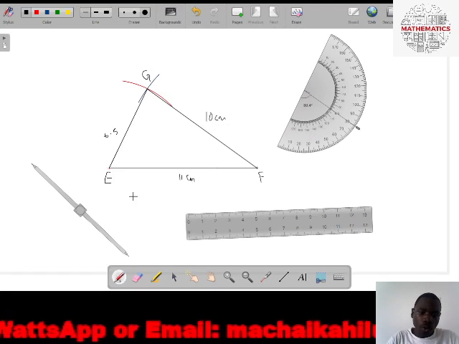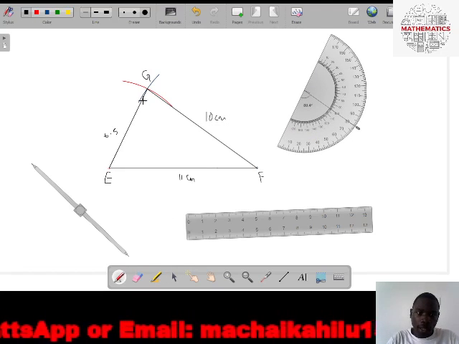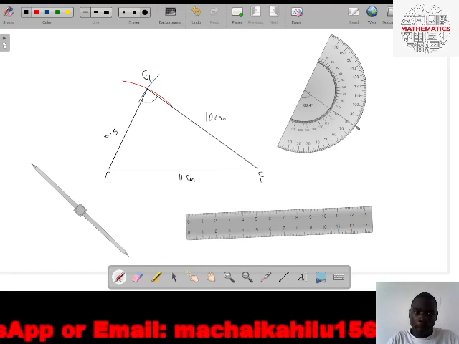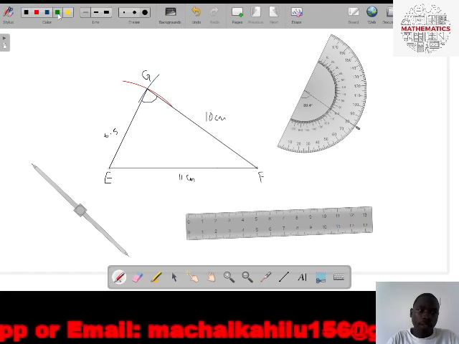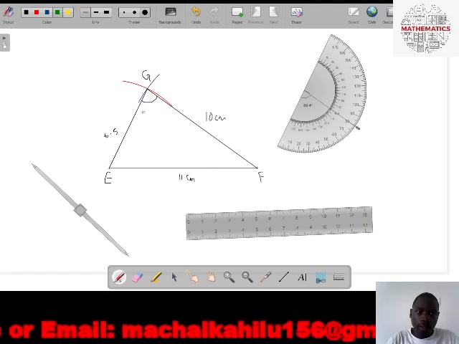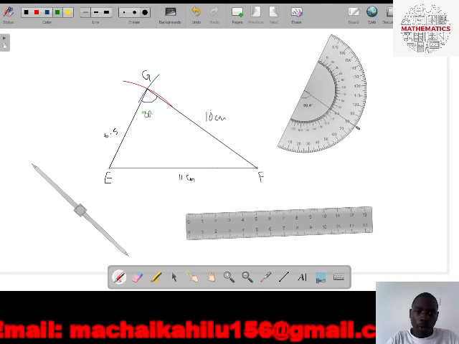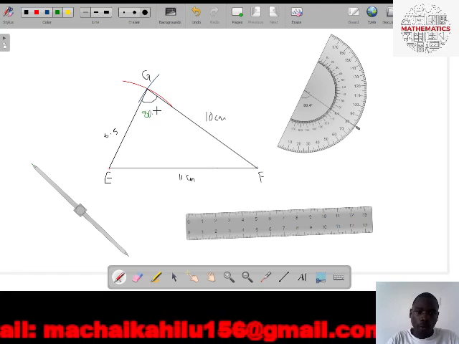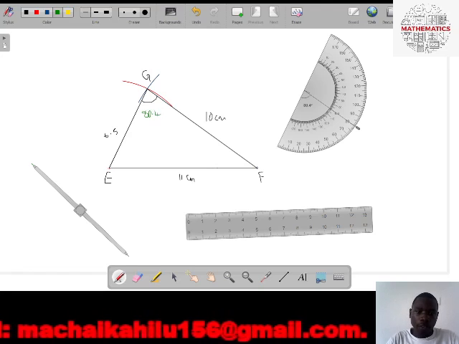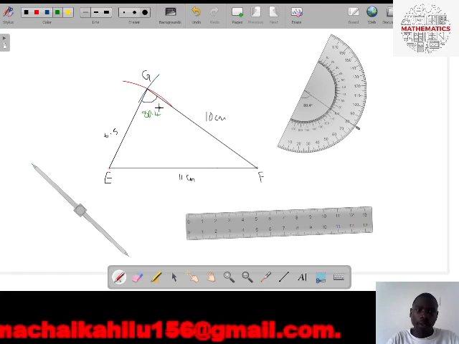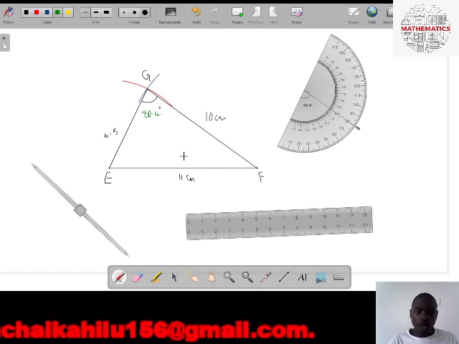We are going now to draw it like this. So this angle is 80.4 degrees. That is the angle that we have there.